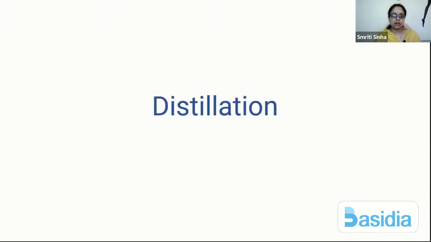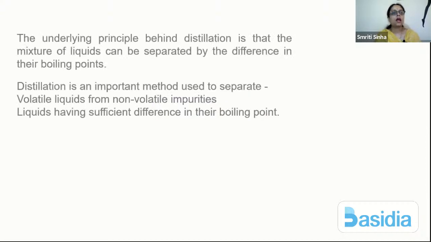Next is distillation. The distillation technique is generally used for liquids. The principle behind distillation is that you separate a mixture of liquids which have a difference in their boiling points.